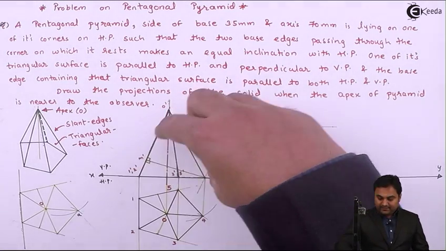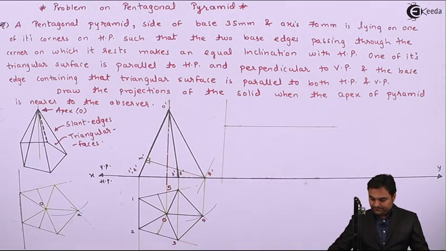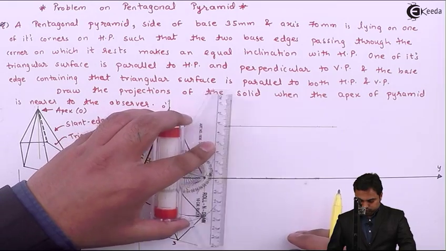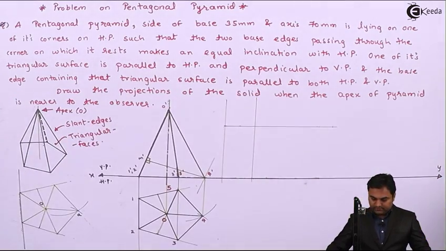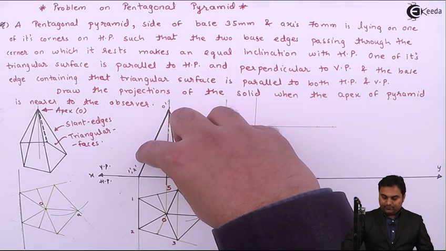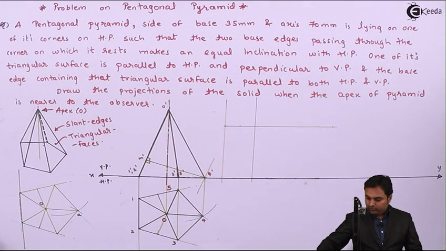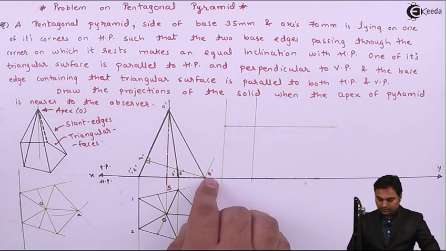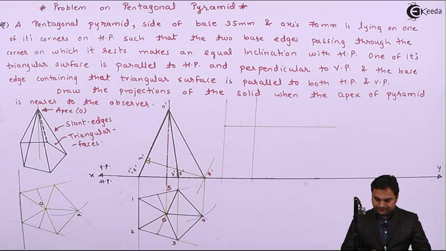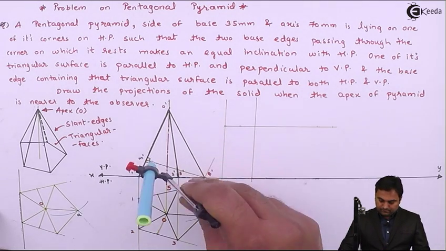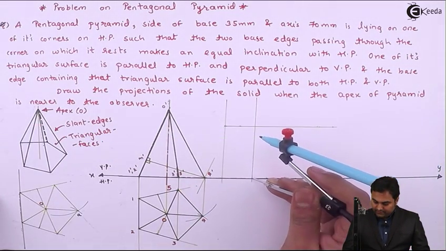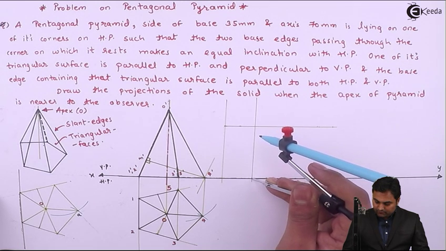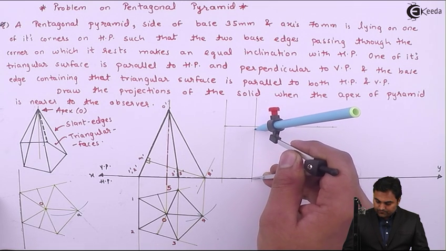Now I'll make this perpendicular in such a way that I take the distance 4 dash to M dash, and then mark it over this vertical line which I have drawn just now.